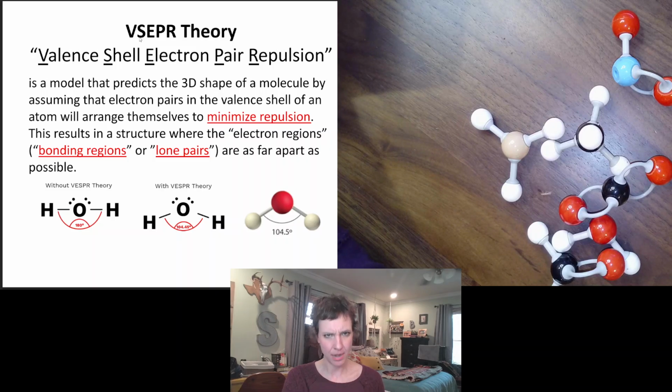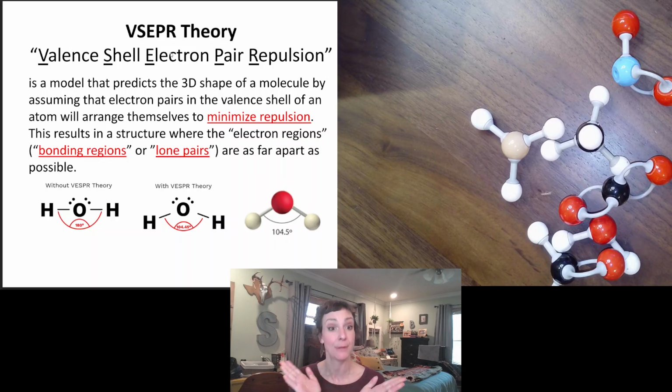This is V and then S and then E, P, R. All your chemistry teachers will call this "Vesper," which in my brain assumes that the E is coming before the S, and I'm like, that is not what we are seeing here. So I will always have the constant battle and struggle of saying it one way or the other. I think I'm just going to follow everybody else here and start saying "Vesper" now. But yes, I do recognize that saying it that way does not match with the letters you see in that little word there.